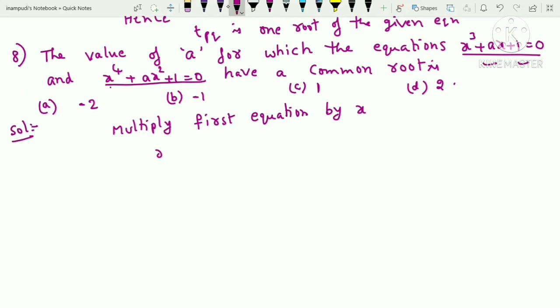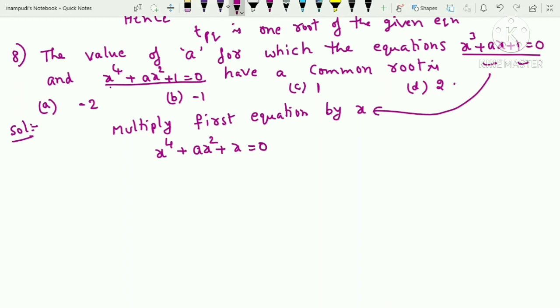We get x power 4 plus ax square plus x equal to 0.